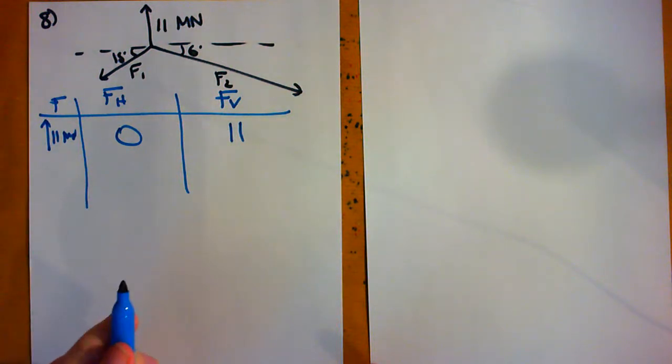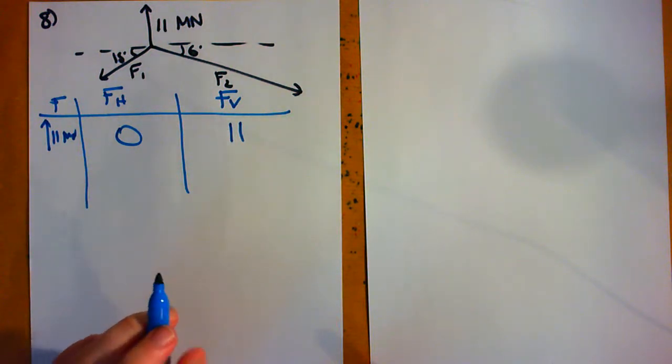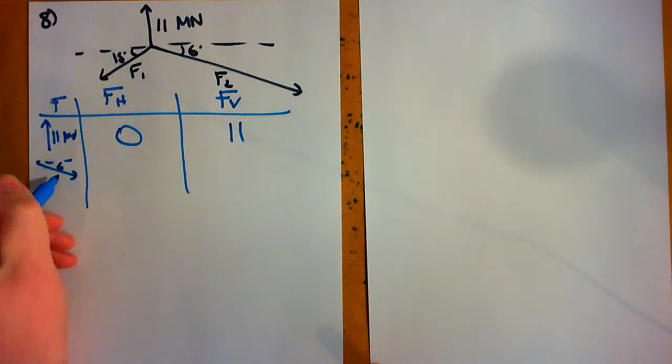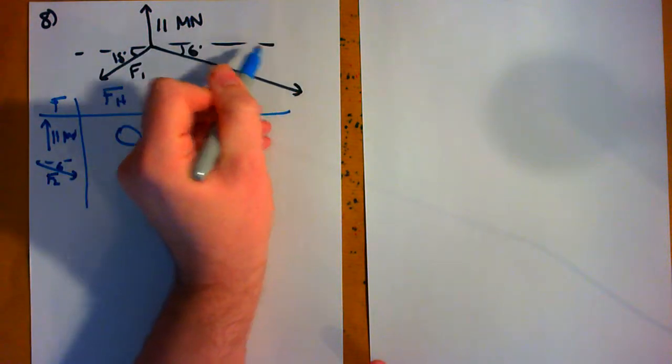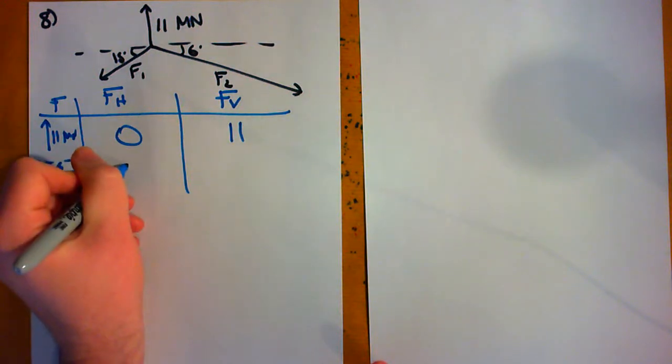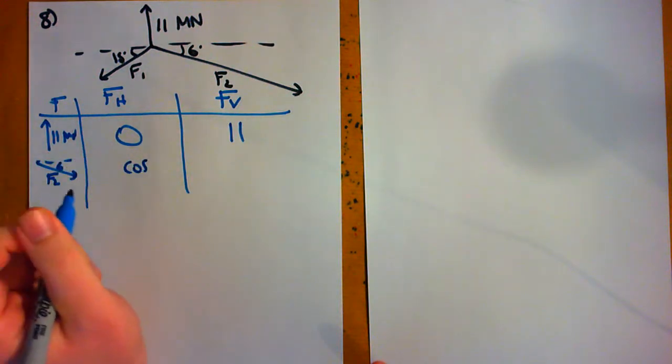Now below the horizontal on the right at an angle of 6 degrees we've got F2. So its horizontal component is going to be the adjacent side and therefore the cosine side.